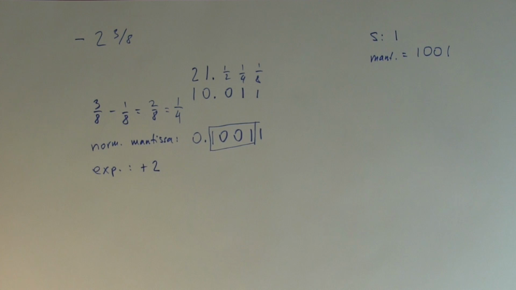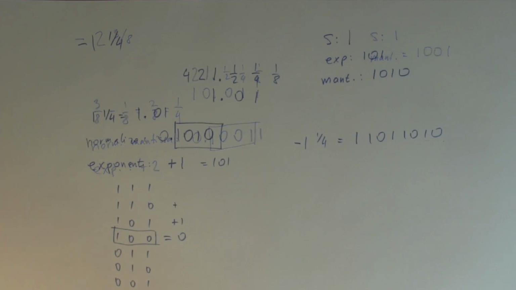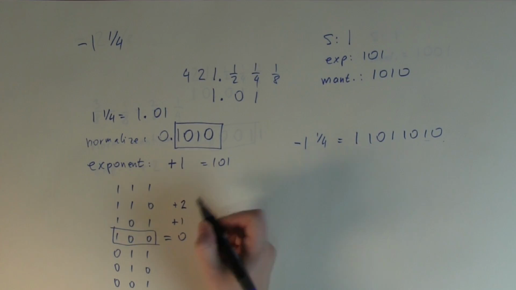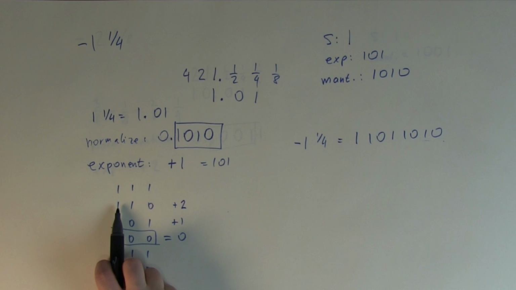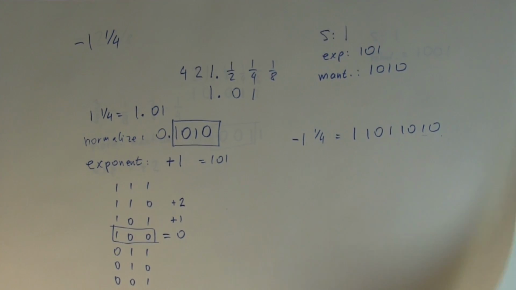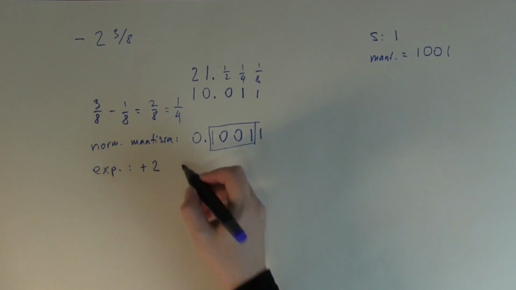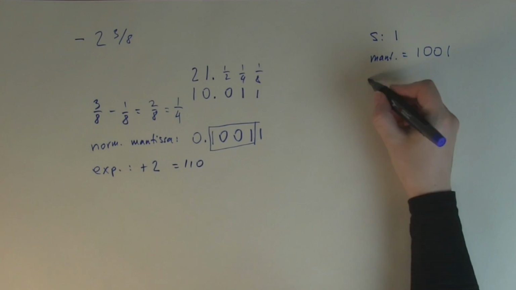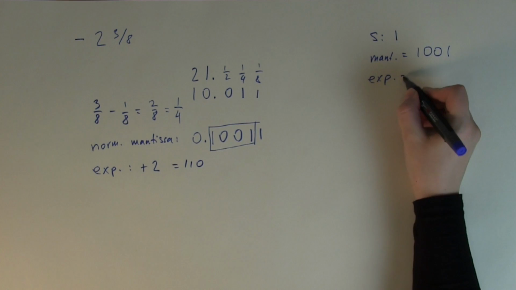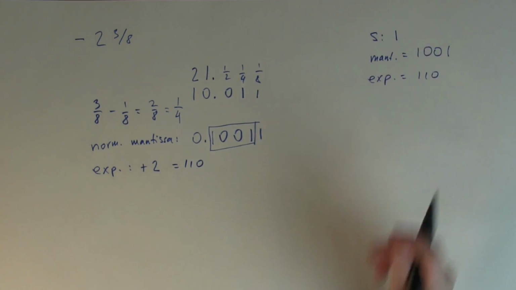And now, because we built up the excess notation table on the previous page, we can just turn back. So positive 2 is here. So the exponent will be 1, 1, 0 in the excess notation. So the exponent is 110.